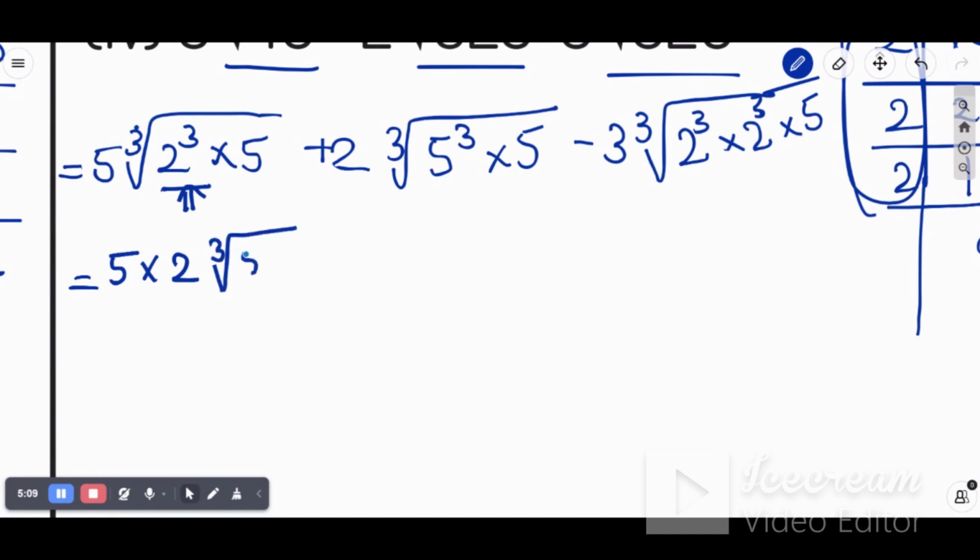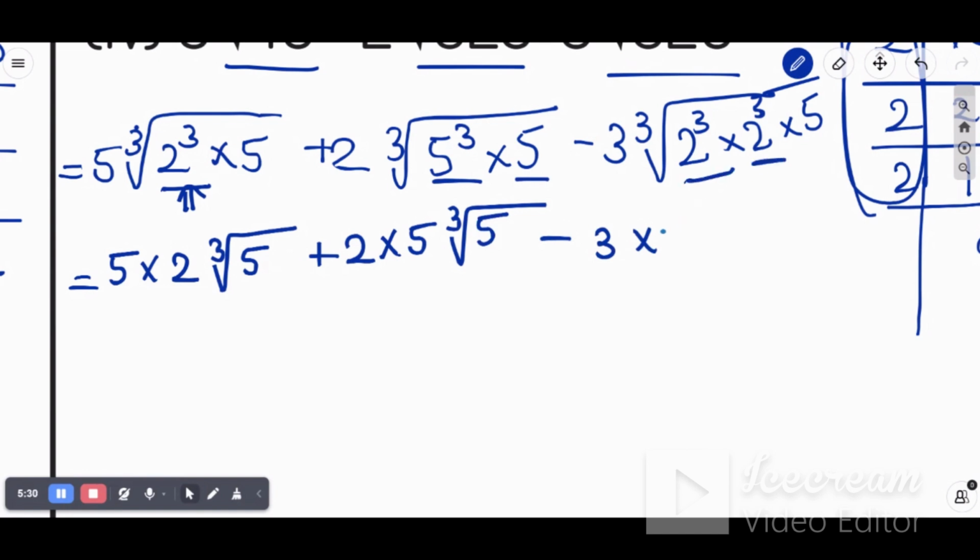Cube root of 5 plus, now again you have got it 2 times outside, into, you have got 5 cube. So write this 5 outside. Again you put your cube root symbol and put your cube root of 5. This is the left out. Then minus 3 into, here you have got 2 cubes 2 times. So put it 2 times, 2 into 2 and then your cube root of 5.